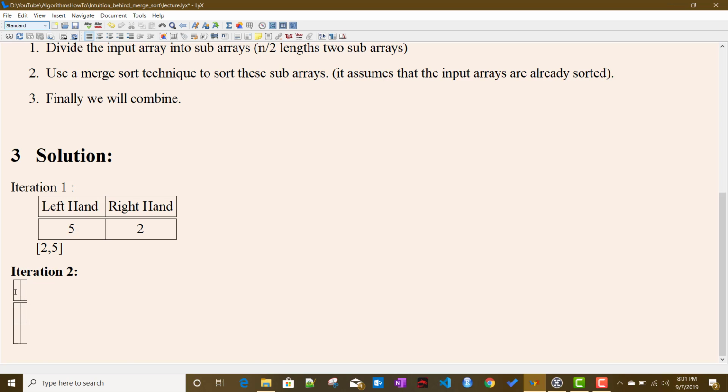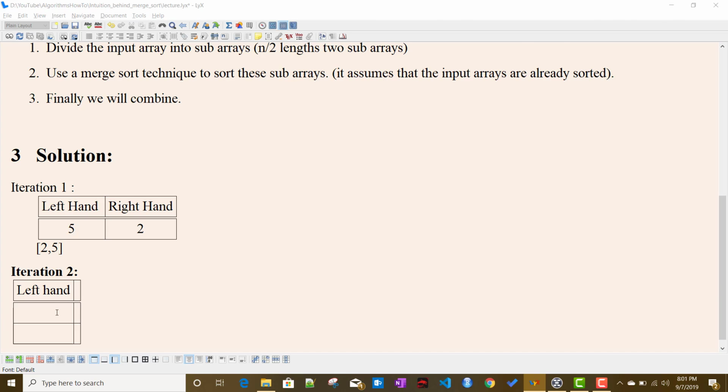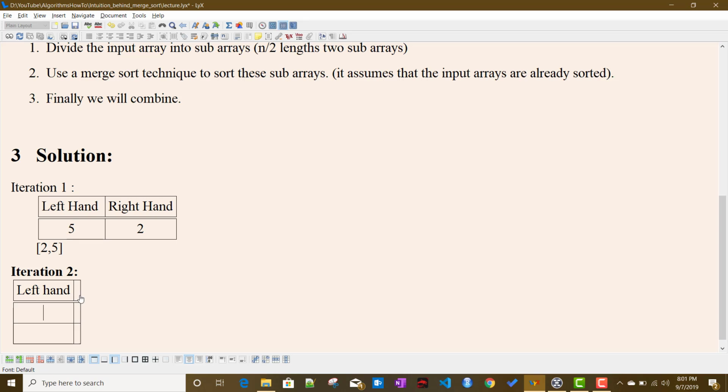So in our left hand we have 2 comma 5, right? Now while writing it down, we'll write something like this. The smaller element will be the below one, the bigger element will be the first one. That means in descending order.